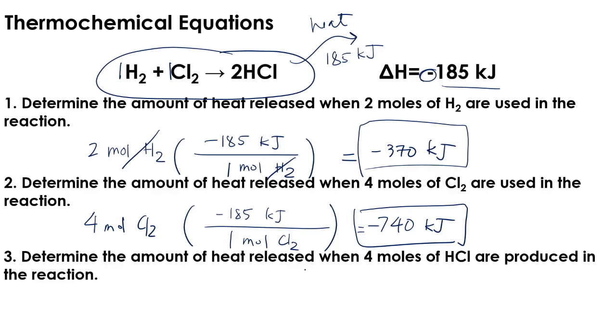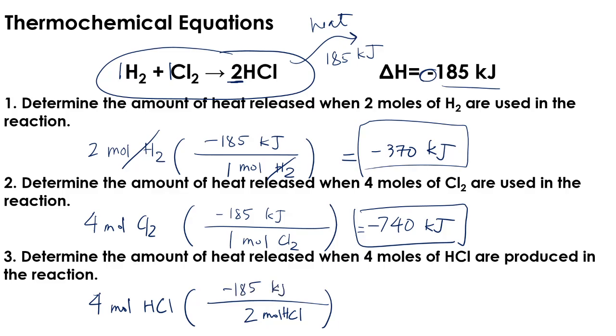Next, determine the amount of heat released when 4 moles of HCl, that's the product here, are produced in the reaction. So the same thing, 4 moles of HCl, and then again the moles of HCl. For the number, just look at the coefficient in the thermochemical equation. That's 2 moles of HCl. And then for every 2 moles of HCl, delta H is negative 185 kilojoules.